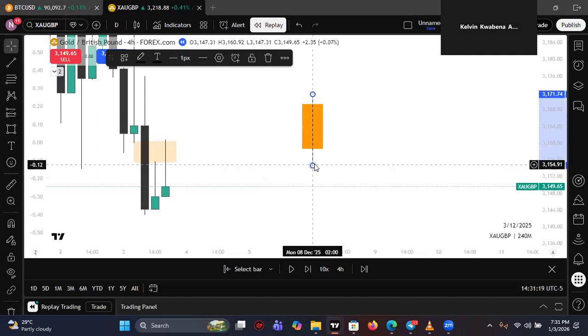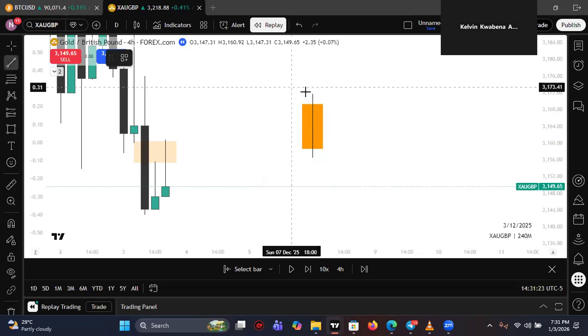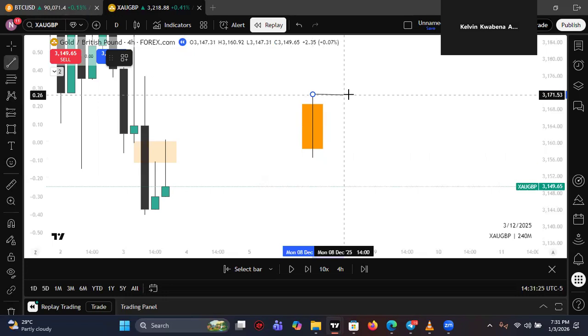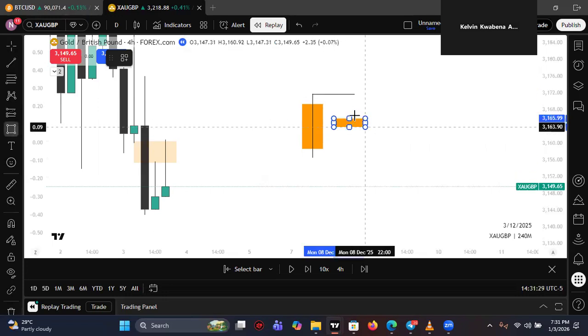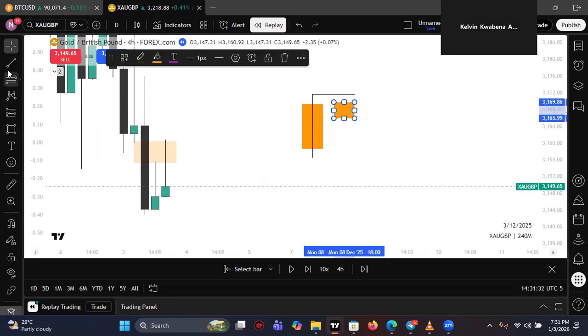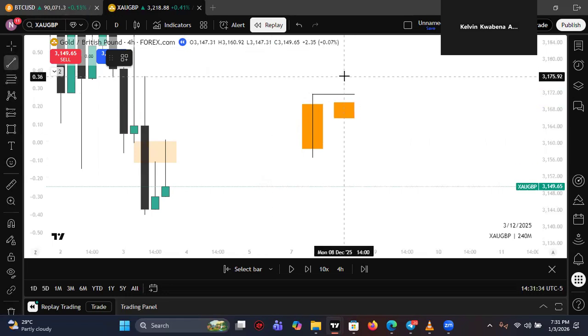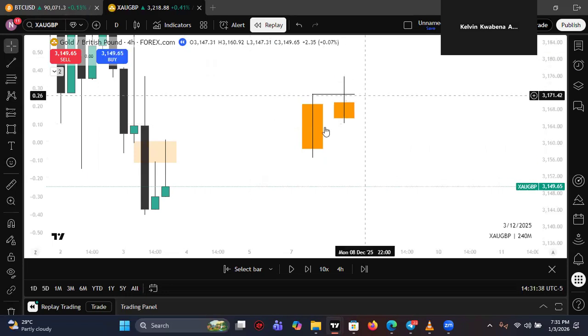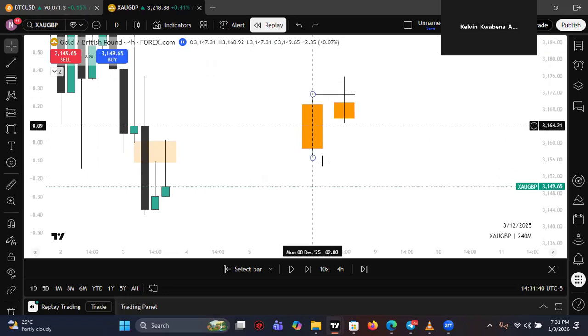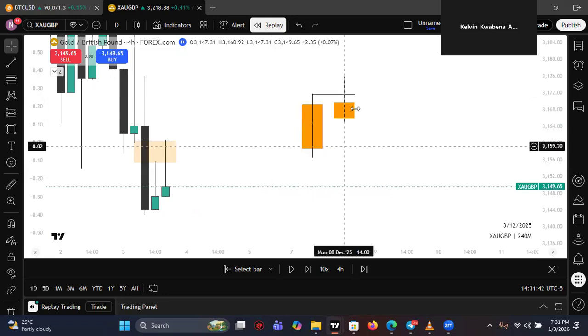Well, the first thing is you have to see this reversal signature. And immediately you see this reversal signature, that is the market telling you that it's willing to move away from your level, your point of interest, to the other point of interest. This reversal signature is where we have a first candle, or a previous candle, and then the next candle closes inside the range of that previous candle.